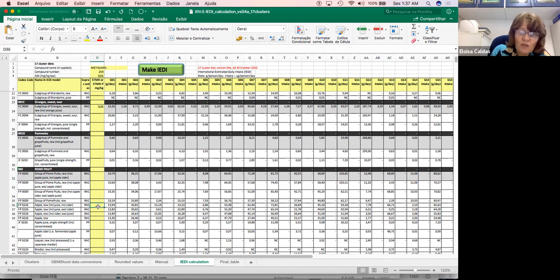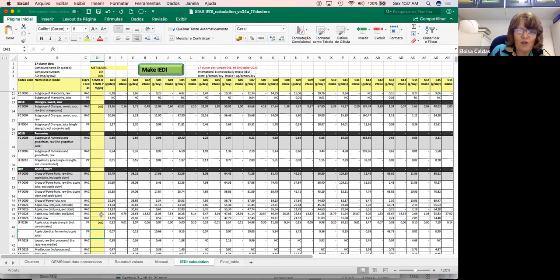And if I don't have a processing factor for apple to juice, I put it here. But let's say that I do have a recommendation for apple juice. So I put not here, but I put apple excluding juice. And then I go to apple juice and put another number here.